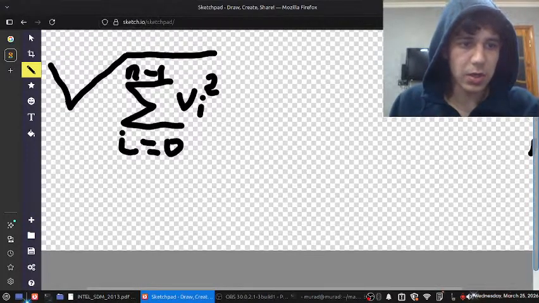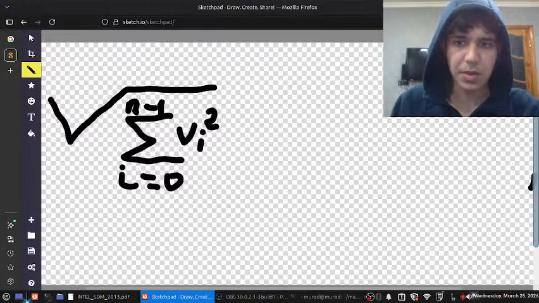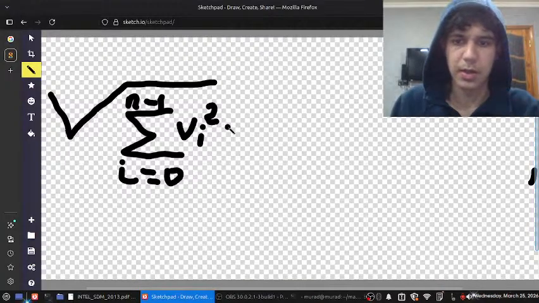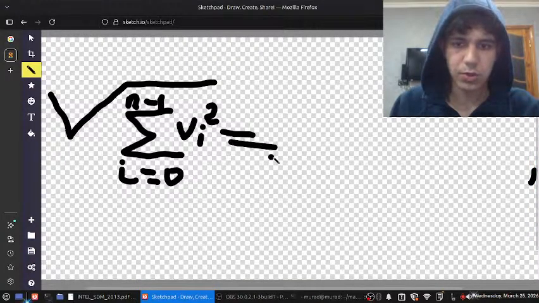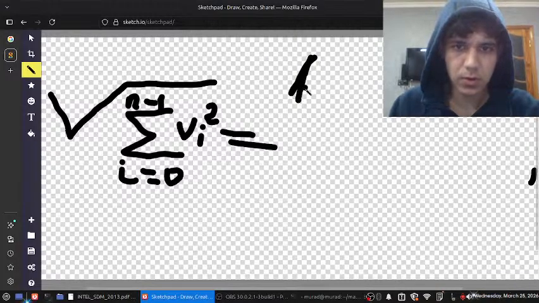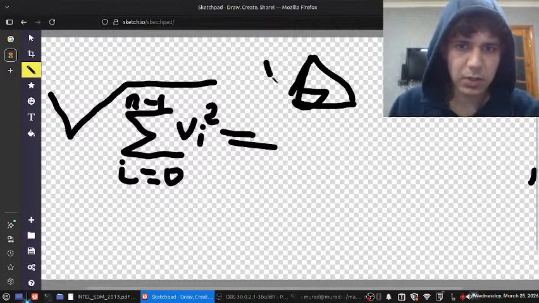The vectors can be multidimensional, and for two dimensions we use it for calculating the hypotenuse. This is 90 degrees here. This is simply a vector.